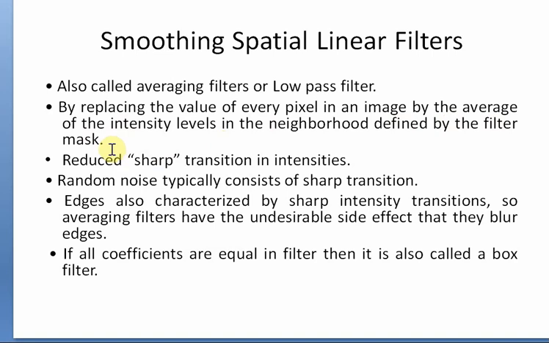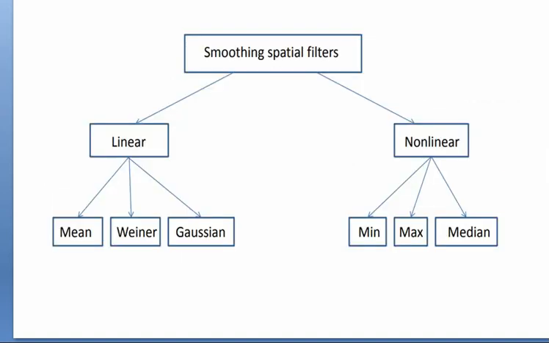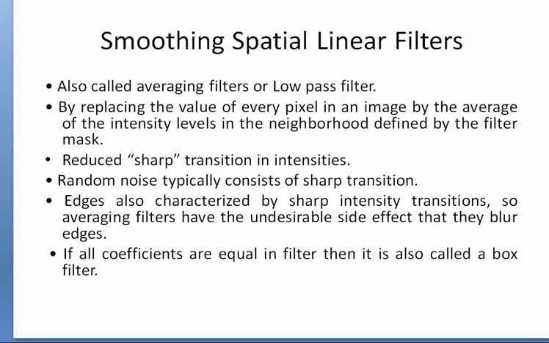So it is called a low pass filter and also an averaging filter. To do the smoothing or reduce the noise, we use the averaging operation, which is why it is called an averaging filter. In the linear operation, the mean operation is involved, that means the average operation.